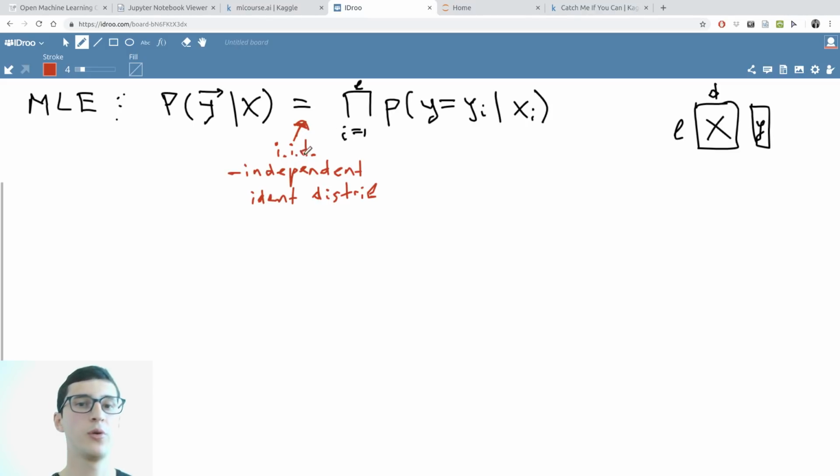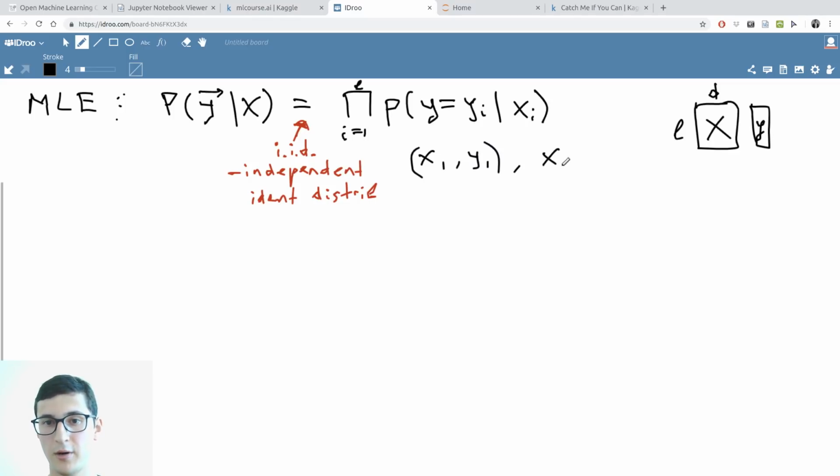If these are random variables, then a label yi given xi is a random variable, and we just assume that we see pairs, let's say x1 and y1, and another pair x2 and y2.